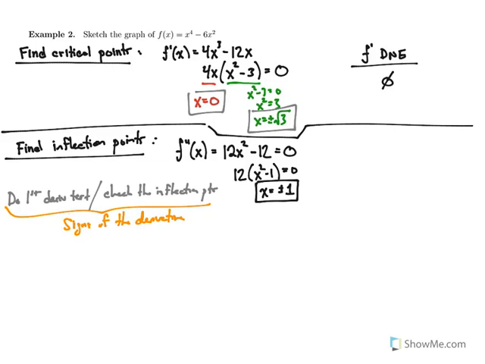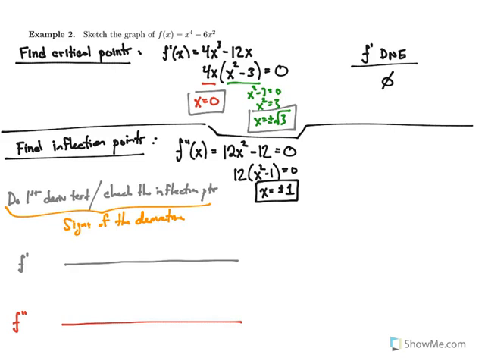So I'm going to start with a number line here associated with f prime, and a number line here associated with f double prime. And I'm going to label the critical points of the function and the derivative.